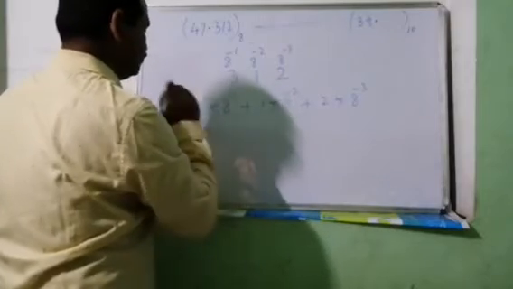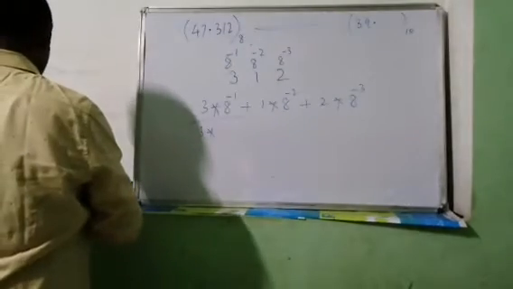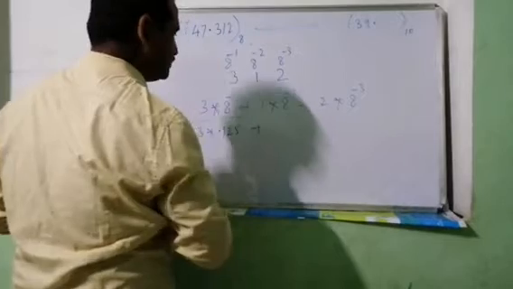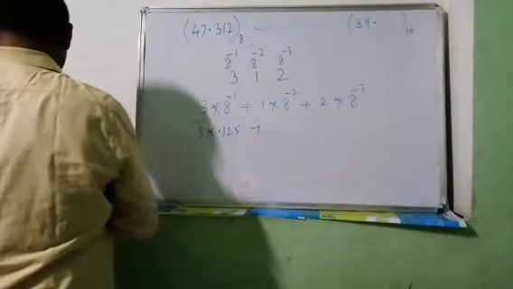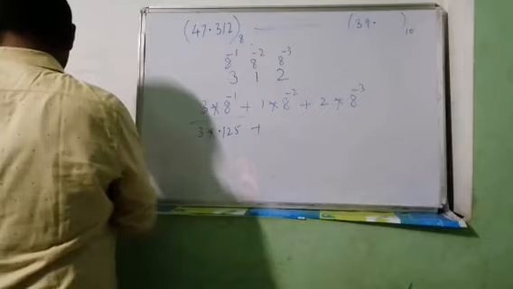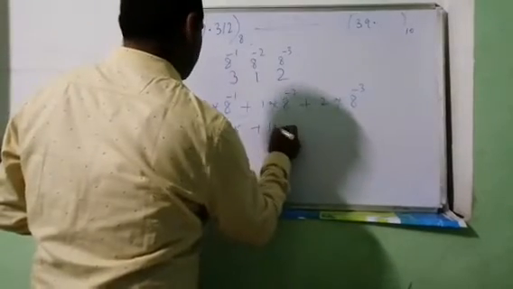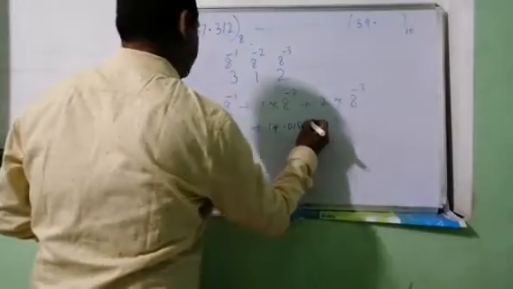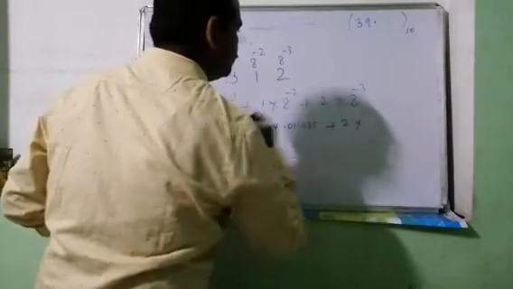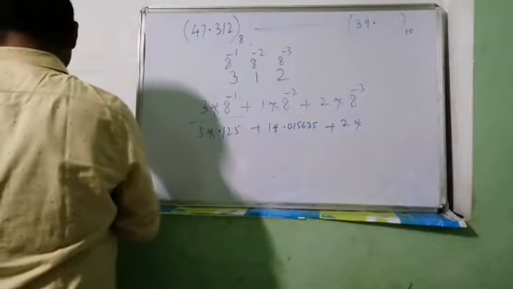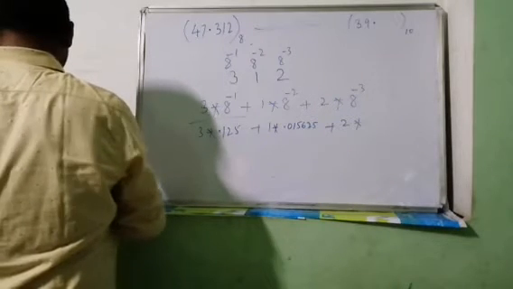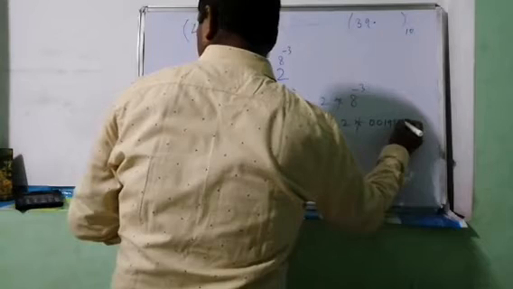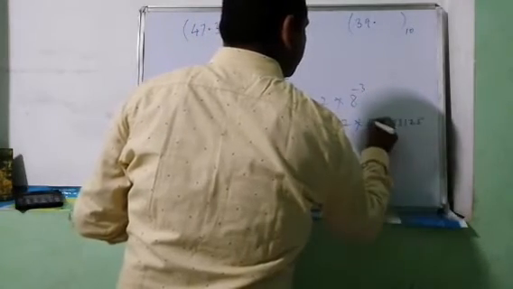So 3 into 0.125 plus 1 into 0.015625 plus 2 into 0.001953125.